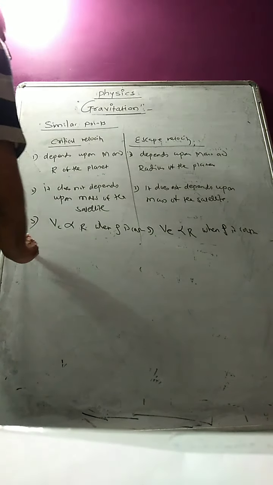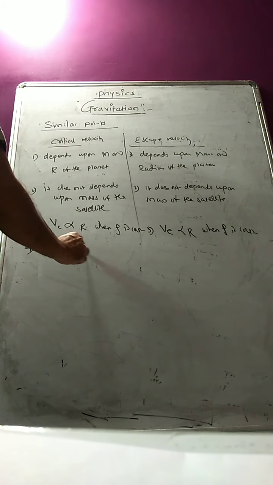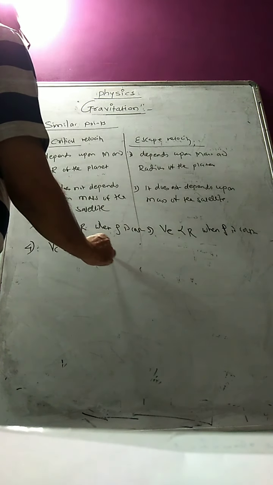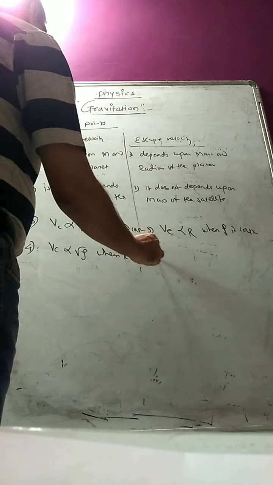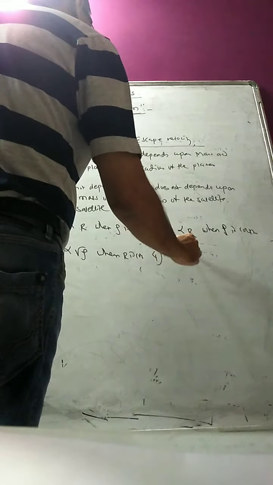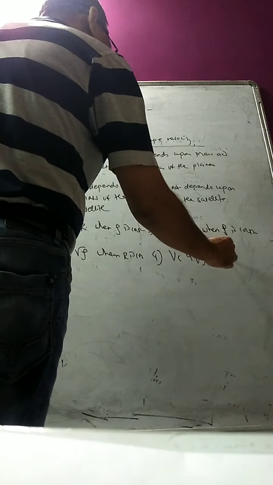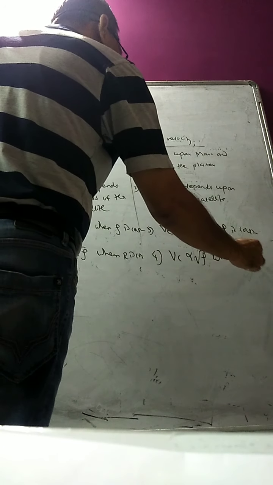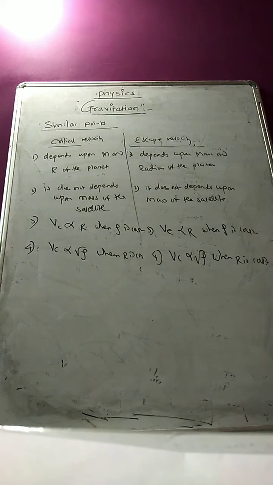Similar point. Last, critical velocity is directly proportional to square root of density when R is constant. आणि इथे सुद्धा मुलांनो Ve is directly proportional to square root of rho when R is constant. Okay, so these are the similar points between the critical velocity and the escape velocity.